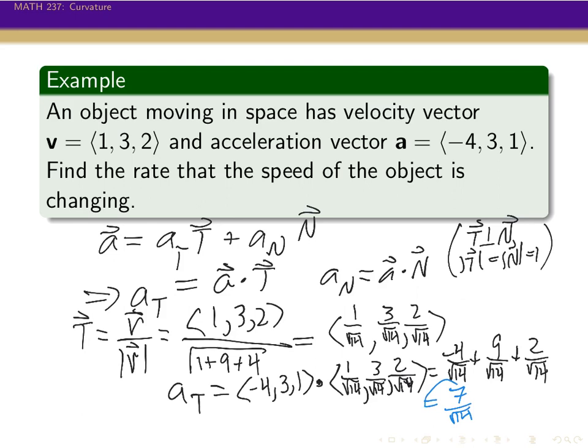Because this is positive, the speed is increasing at this rate. If we had gotten a negative value for this dot product, then the object would have been decelerating, but the speed is increasing, so it is accelerating at this point on the curve.